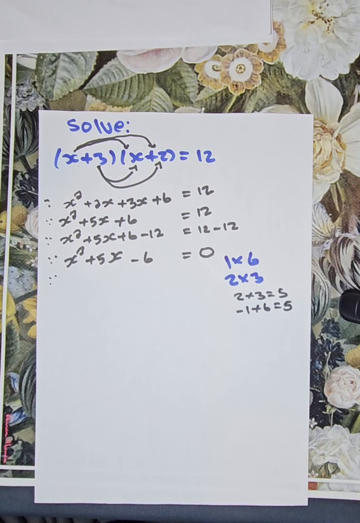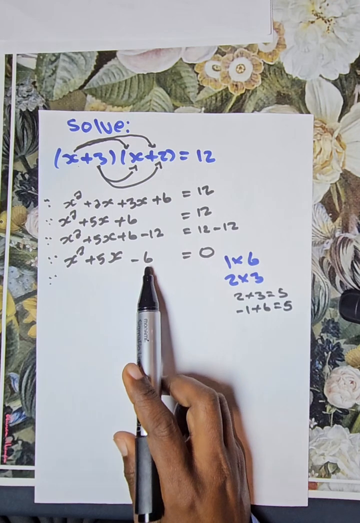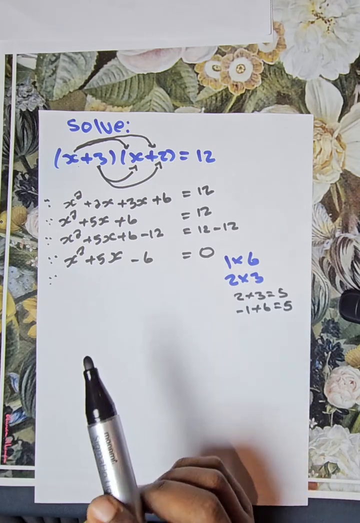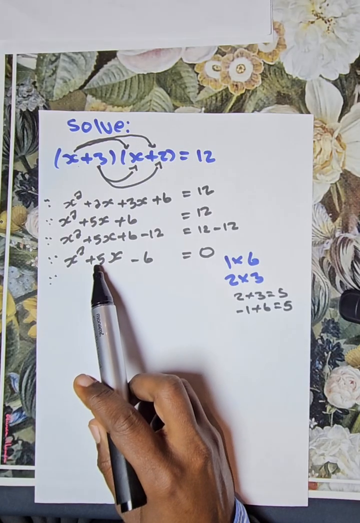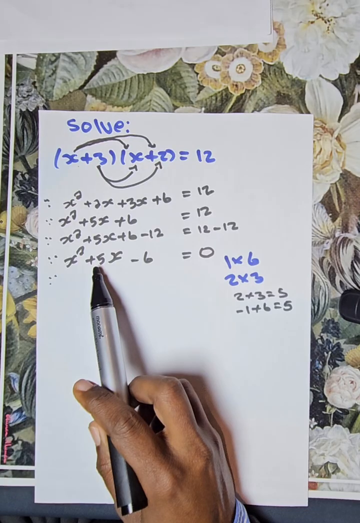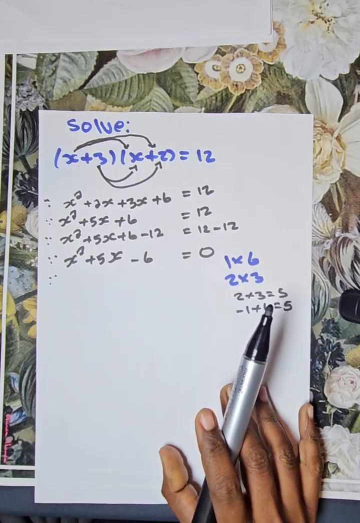In order to choose the correct pair, you need to check what sign the 6 has. Negative. What is this negative sign telling you? It is telling us the two numbers must have two different signs. Well done.